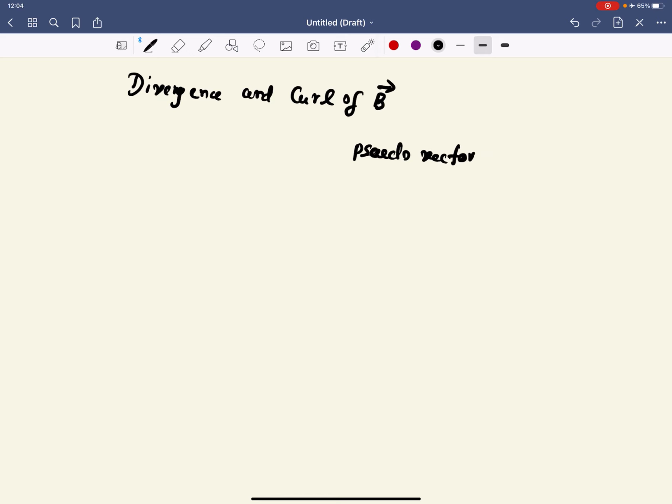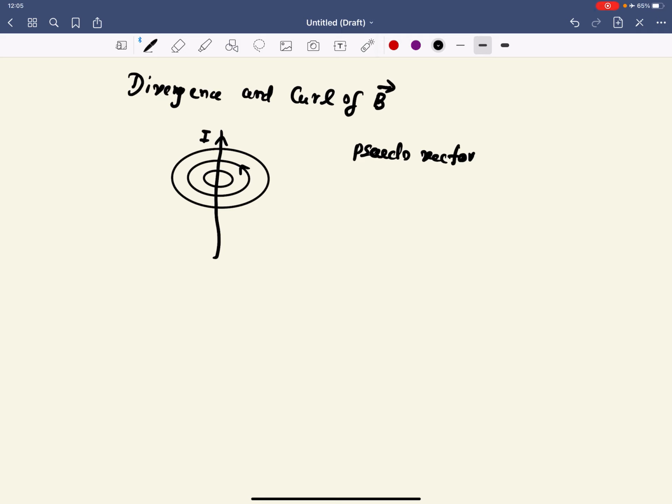Okay, magnetic field is also known as a pseudo vector because it has the curl nature. So this is the current carrying wire, and we know that the magnetic field is curling around the current carrying wire.